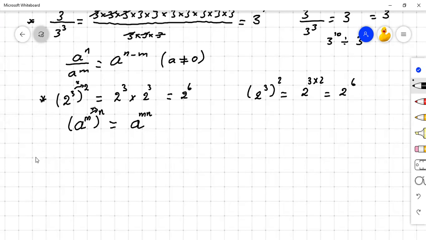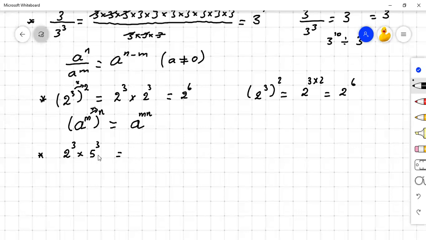Again, the next one, what if we have 2 powers with the same exponent, like if we have 2 power 3 times 5 power 3, for example. So this is the same as 2 times 2 times 2 times 5 times 5 times 5, and then we can multiply 2 times 5 three times to get 10.